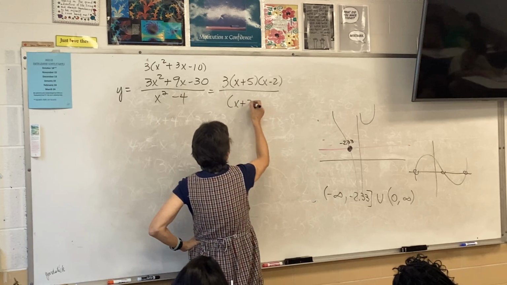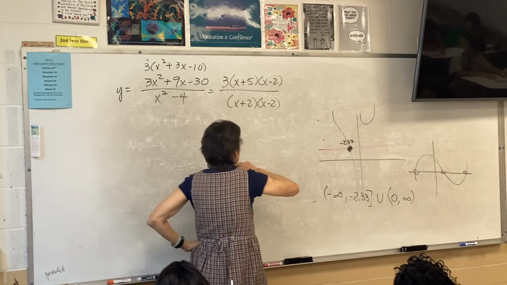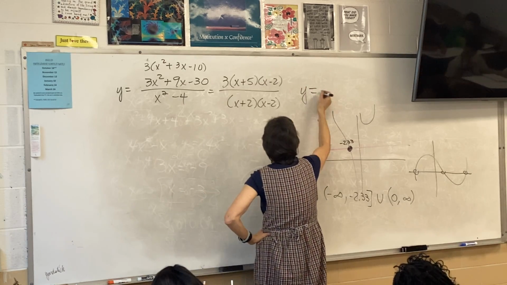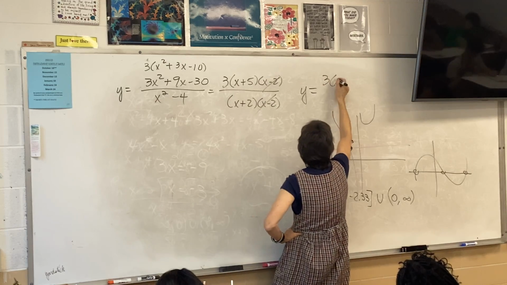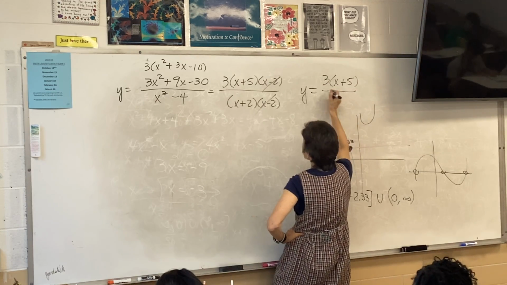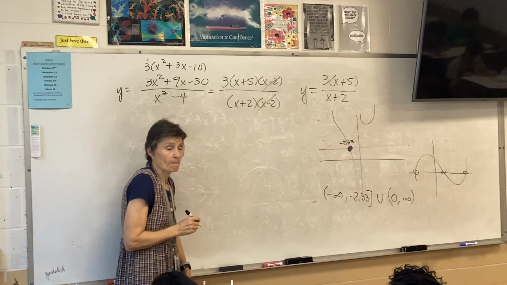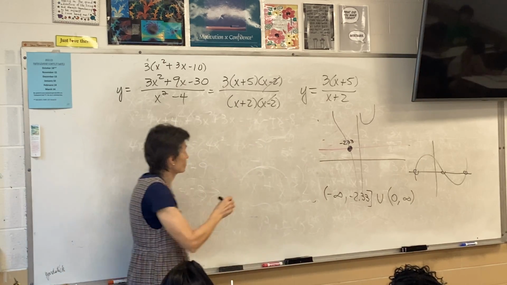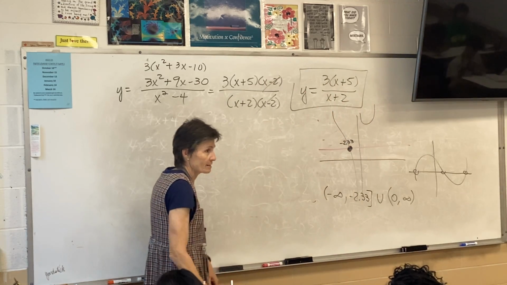X plus 2, x minus 2. So it looks like we're going to be left with 3x plus 5 over x plus 2. Is everybody with us to this point?